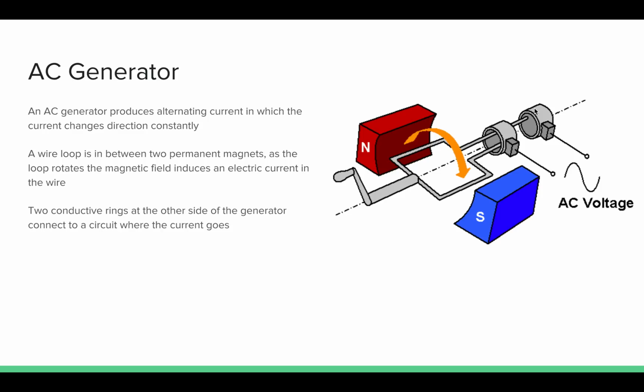So those are now part of the circuit. Those rings then connect to a circuit where the current goes. And so you induce your electric current in your loop here, and it travels into the rings and out into your circuit as AC voltage.